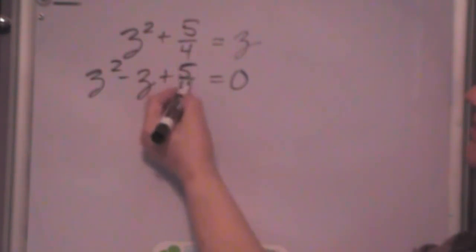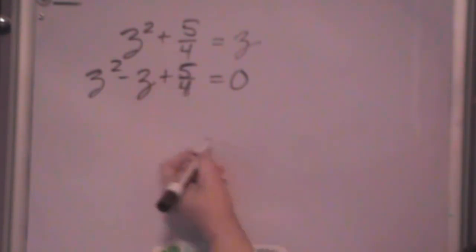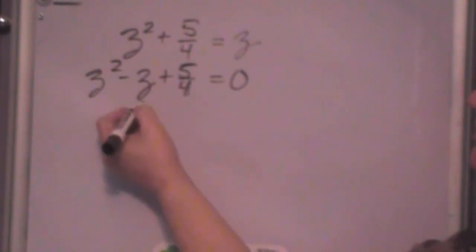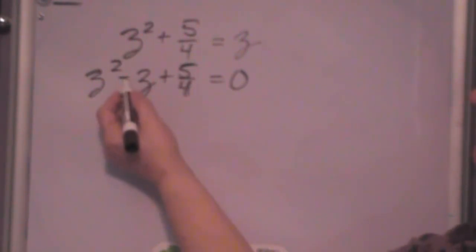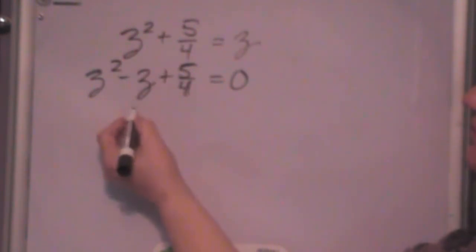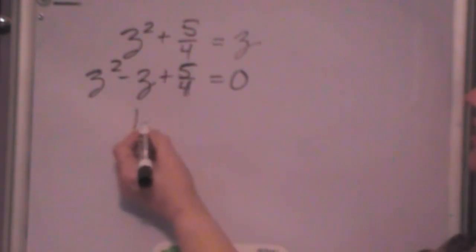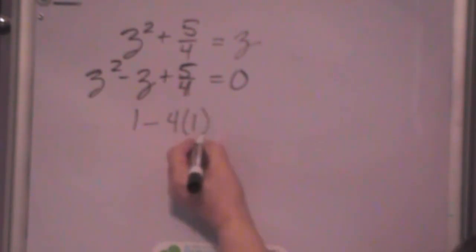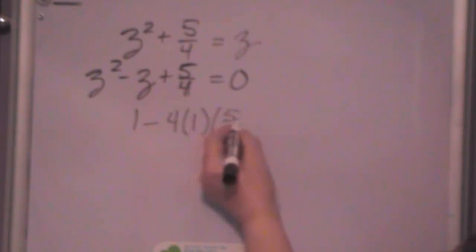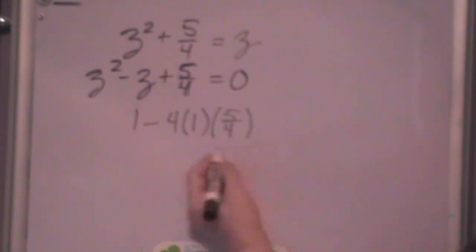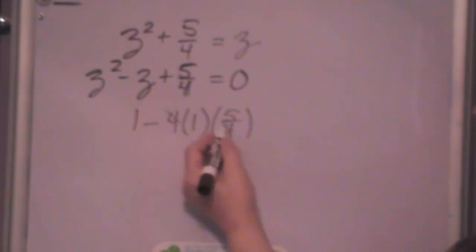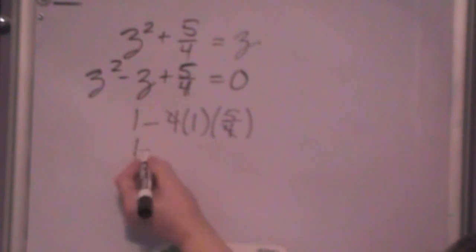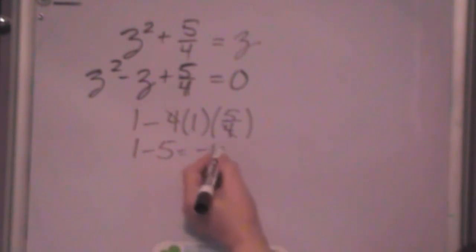So if the denominator of your fraction is 4, just don't bother clearing it, because it'll just give you bigger numbers in your A and your B, and you don't want that. So B squared is negative 1 squared, which is 1, minus 4 times A, which is 1, times 5/4, which is C, and the 4's here will cancel out, and I just get 1 minus 5, which is negative 4.